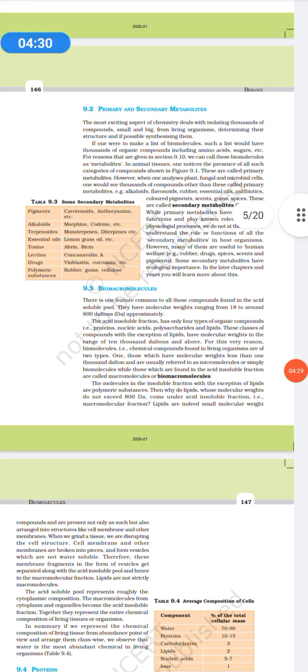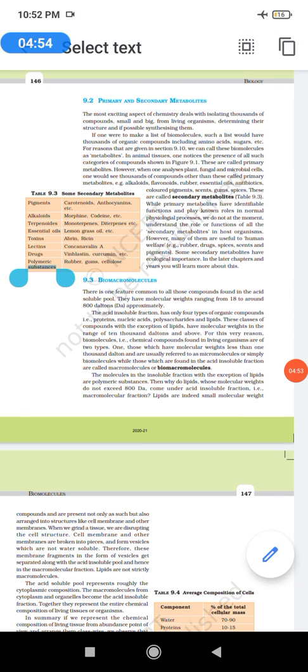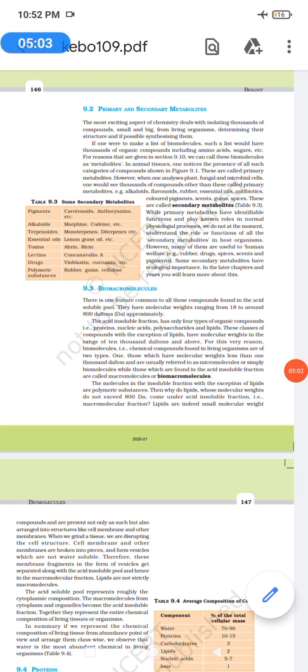Now coming to primary and secondary metabolites. What are primary and secondary metabolites? The most exciting aspect of chemistry deals with isolating thousands of compounds, small and big, from living organisms. There are metabolites produced by plants, such as amino acids, sugars, and so on. In animal tissues, one notices the presence of such categories of compounds.